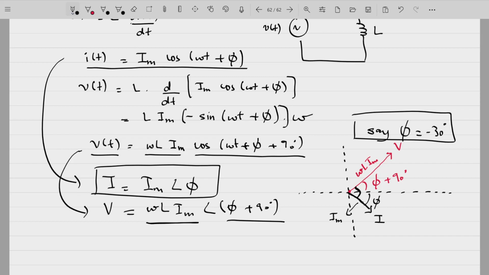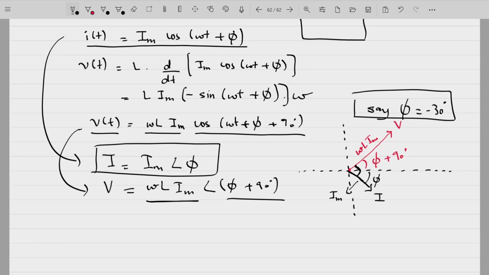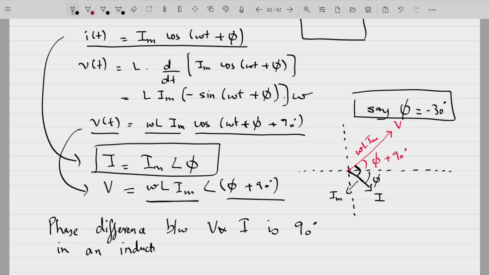The magnitude of phasor I is simply Im, whereas the magnitude of voltage V is omega into L into Im. So what you can see is the difference between V and I is 90 degrees in this case. So the phase difference between voltage and current is 90 degrees in an inductive circuit, but you have to be more specific here.